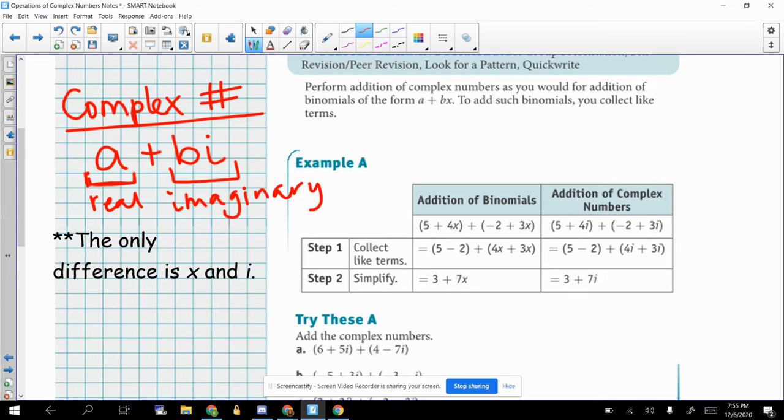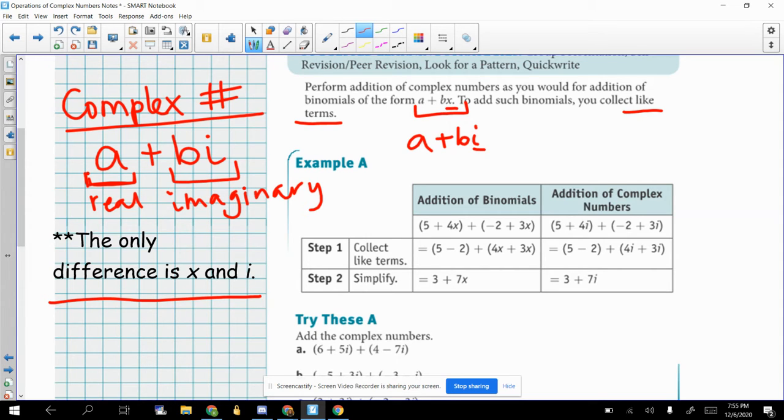So it says that we're basically doing the same thing as when we were combining binomials in the form a plus bx, but now they're in the form a plus bi. And when it says like terms, you can only collect them if the a's go together and the bi's go together. So the reals and the imaginaries go together. Okay. And again, here it says the only difference is that the x is now an i.